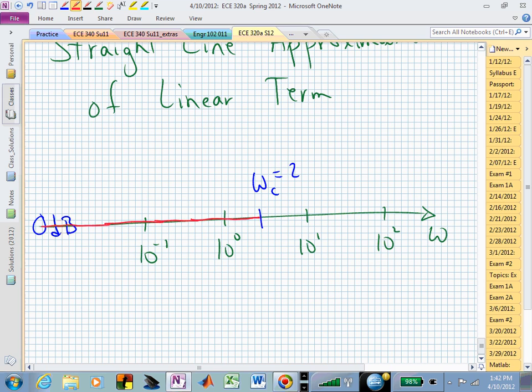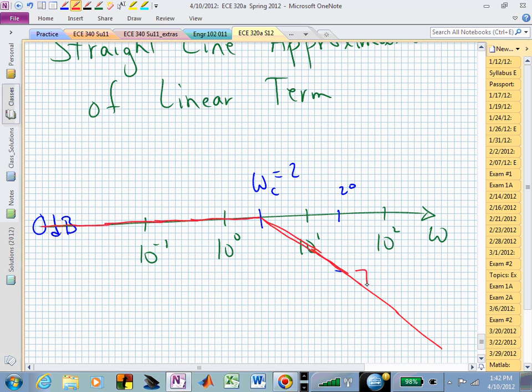So what I like to do is come over here to 20. So here's 20. And I now march down to 20 dB below where I was at 2. And now I just get my ruler out. I told you this was fun. If you can sketch, which I can't do without my ruler. So that was supposed to be a straight line.